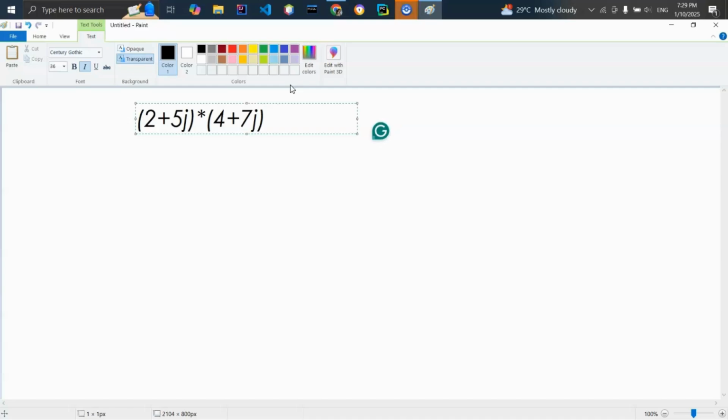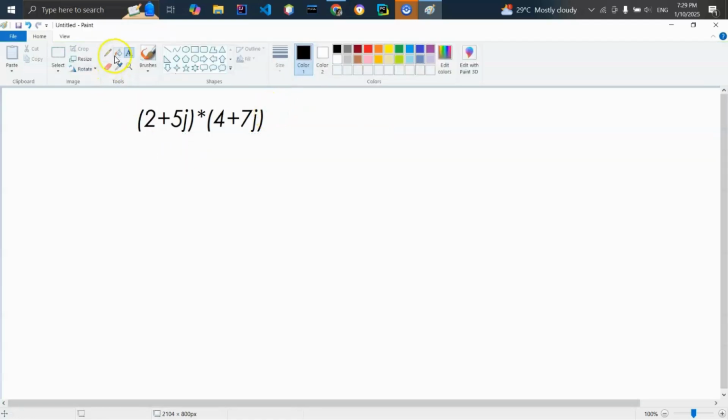In maths, you should use i to represent your imaginary part, but in Python we use j to represent your imaginary part. Okay.